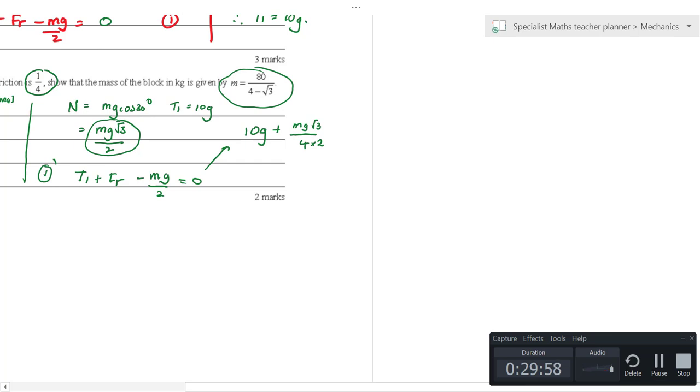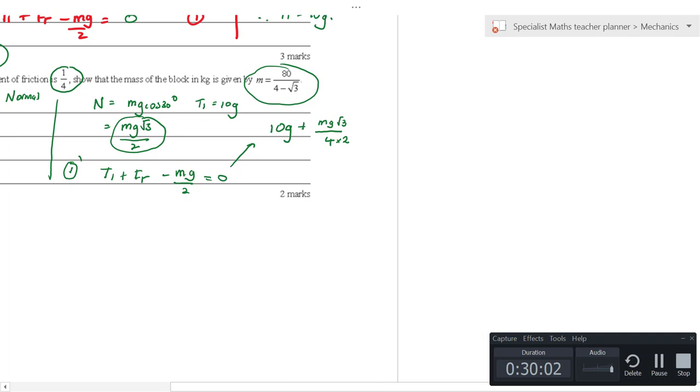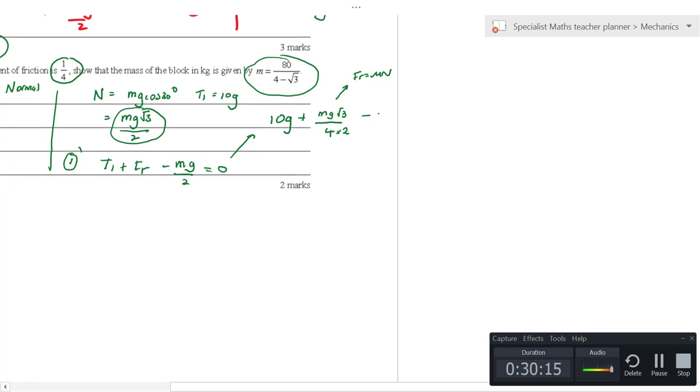Because friction is equal to mu N, we've just got N over there, so we've got to multiply that by 1/4. So we've got now 10g plus mg root 3 over 8 minus mg is equal to 0.